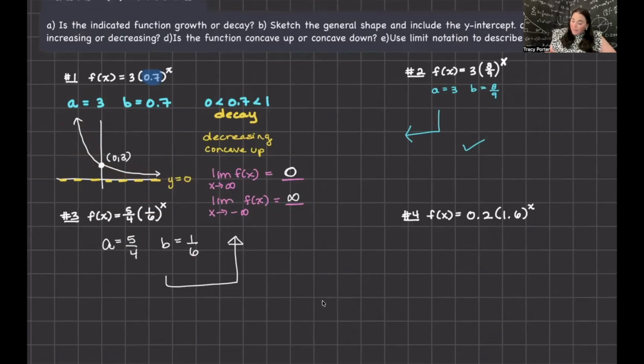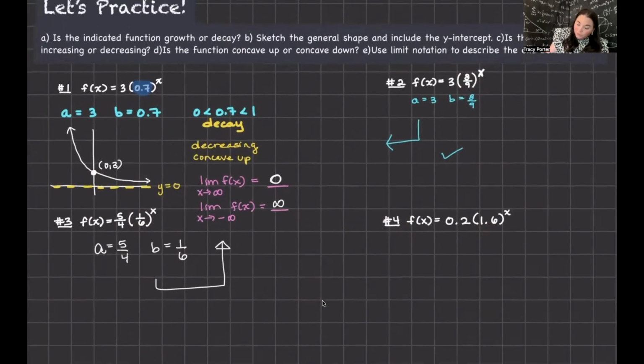But let's look at the last one, and this one is going to be a little bit different because here the B value is actually greater than 1. All of these, 8/9, 1/6, 0.7, are numbers that are less than 1. So this is the only example that's going to actually change the answer to those questions. So let's do this one.